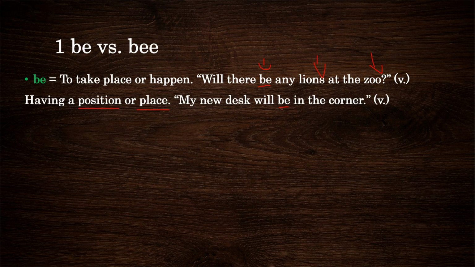My new desk will be in the corner. This is the be. It's talking about the position of the desk. So it is a position be, the same as the first one, having a position or a place.